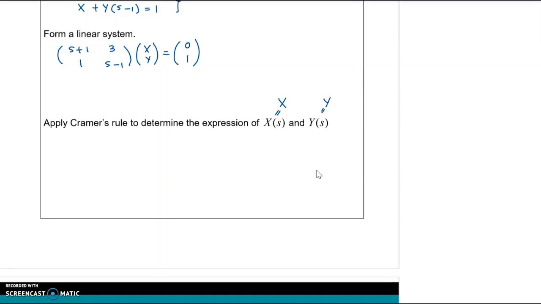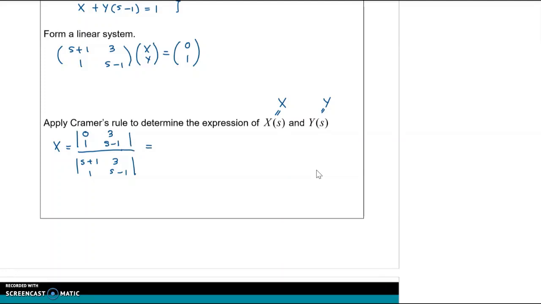The x is given by Cramer's rule, so we put the denominator first. The denominator is the determinant of s plus 1, 1, 3, s minus 1. At the top, in the first column, we put the right hand side values, which are 0 and 1, and the second column remains as 3 and s minus 1.